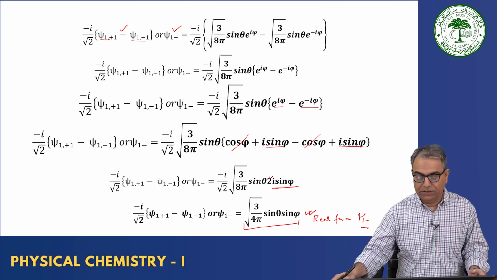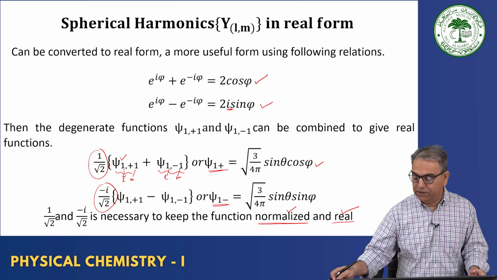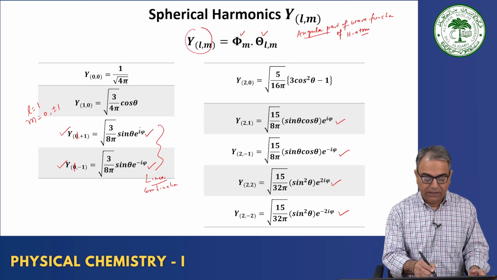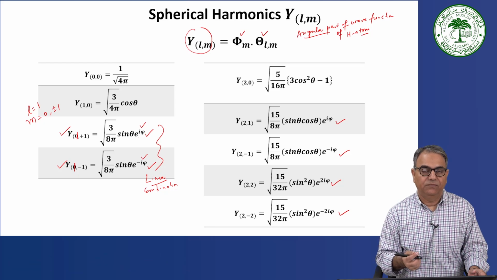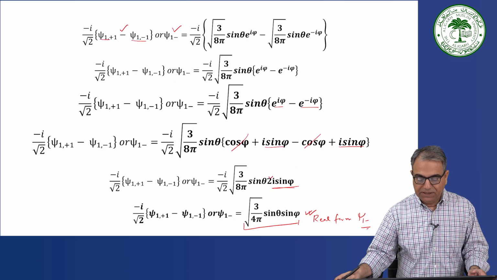Now it is physically possible to interpret, because now we have the real form of the equations. So whenever you have spherical harmonics which contain imaginary numbers, you can convert these spherical harmonics into real forms in order to interpret them physically. And this interpretation is important.